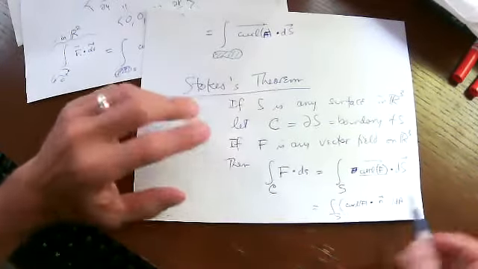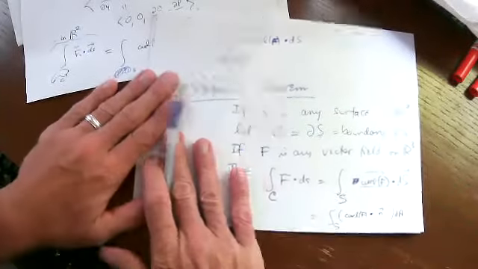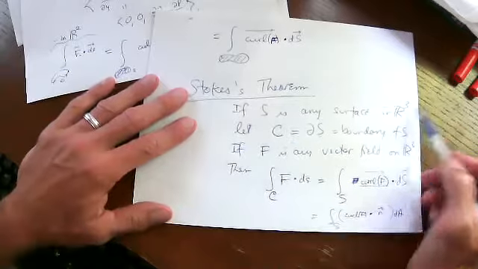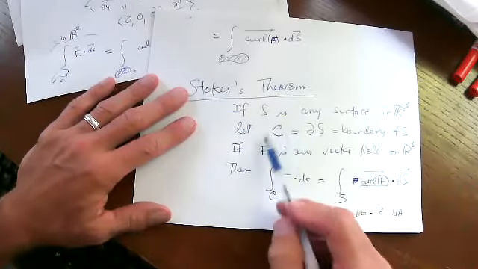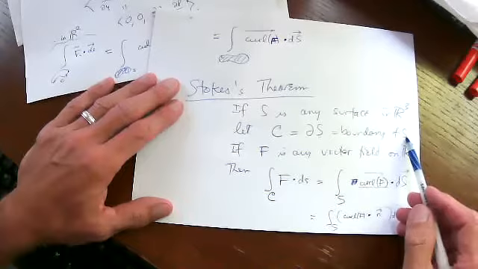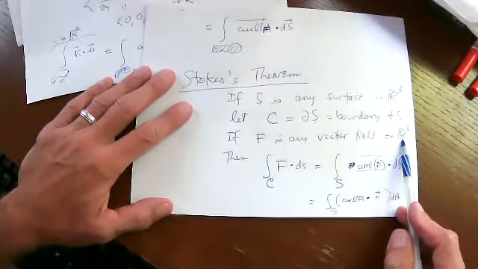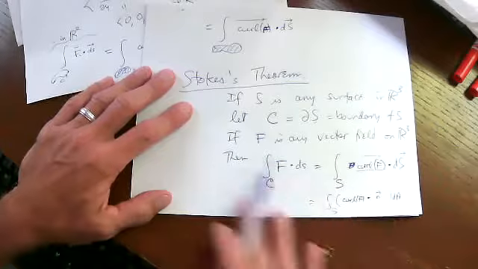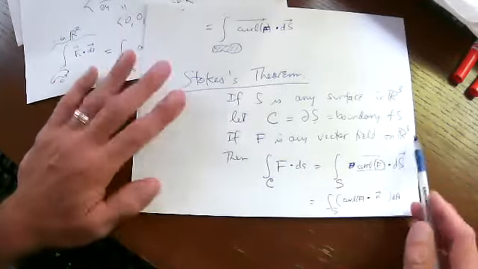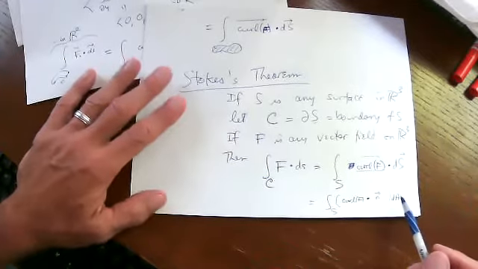Now, there are a couple of things you should notice. First of all, in the special case where the surface just happens to lie on the flat XY plane, sitting inside three-dimensional space, its boundary would also just be a curve in that plane. If your vector field also just happens to be directing points in the plane with vectors that have a 0 as their third component, then what I've just written down here is exactly Green's theorem.